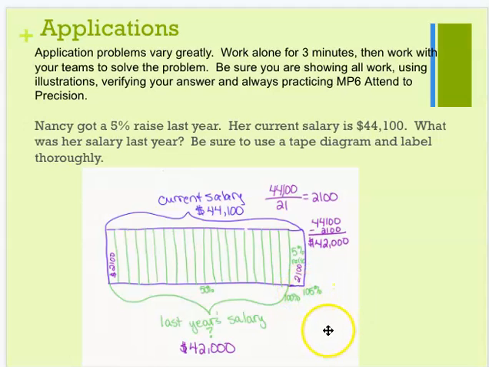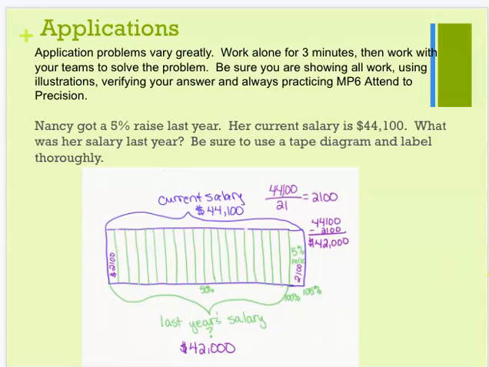And the reason I did that was then I could see that 5%. And so if I divide this 44,100 by all 21 of these sections to figure out what each section is worth, each section is worth $2,100. So now if I take 44,100, which is the current salary, and I subtract $2,100, I end up with the correct amount of $42,000 for last year's salary.